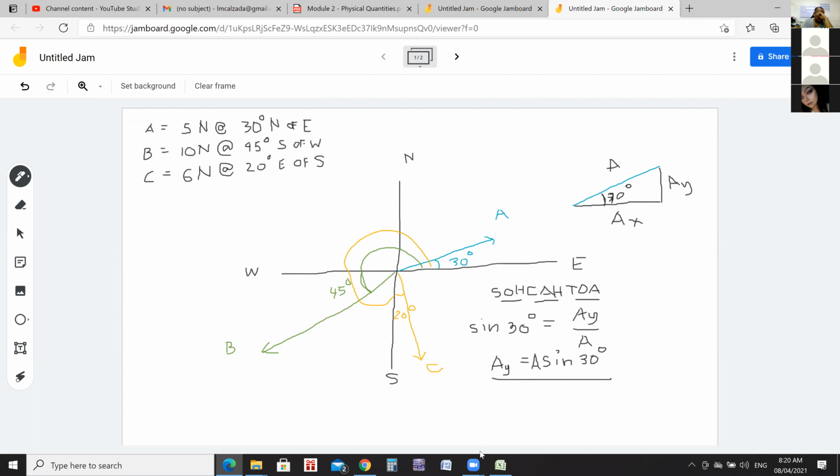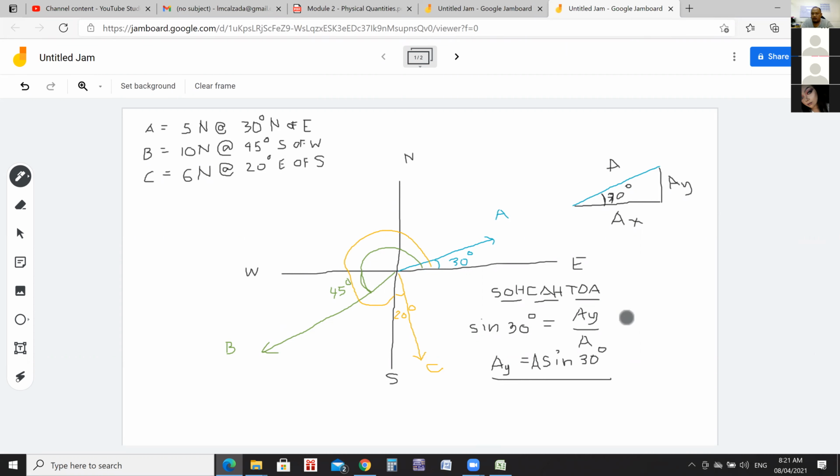We managed to represent AY in terms of A. We managed to represent the component of the vector in terms of the original vector. Okay? So the same principle applies if I use cosine.